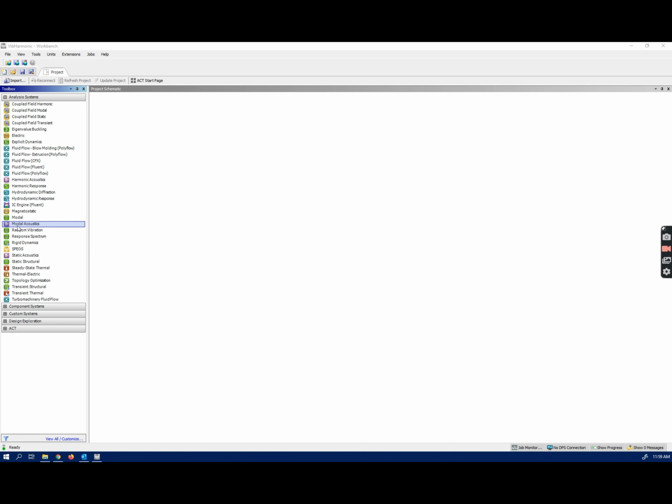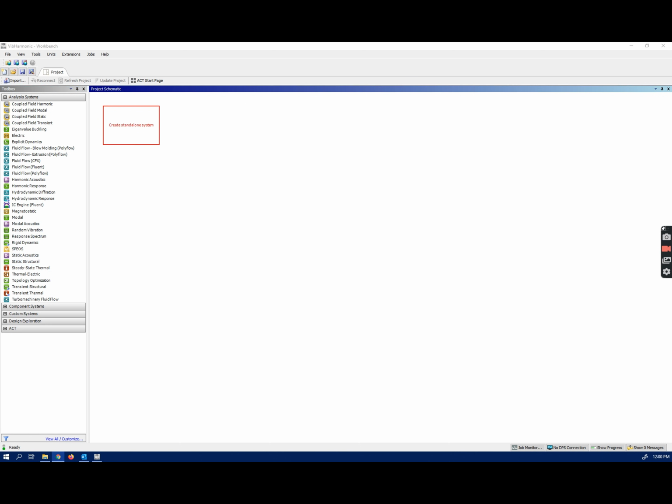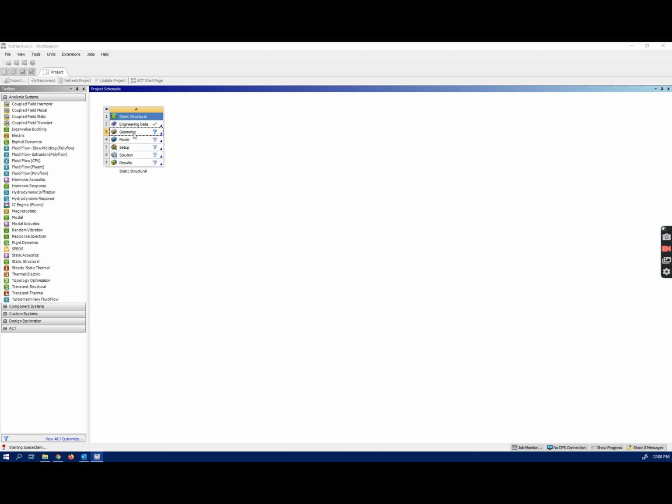Okay, we can start with static structure analysis and draw a geometry. So that geometry can be anything. For now, I'm going to make it very simple, but you can make any complicated geometry you need.